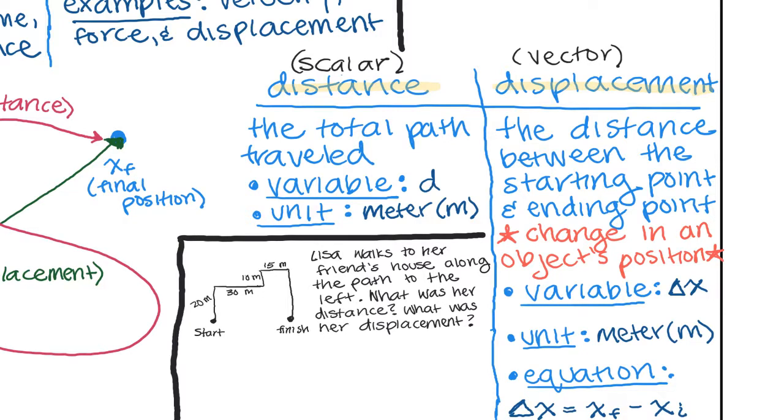So distance is simply telling us how far we've walked that day. Displacement is telling us how far we've walked in a certain direction. So again, the main difference is we have a scalar quantity with distance and a vector quantity when we're talking about displacement.